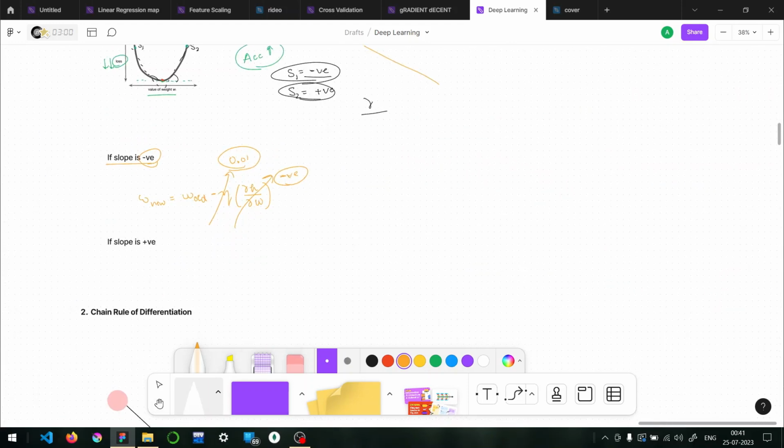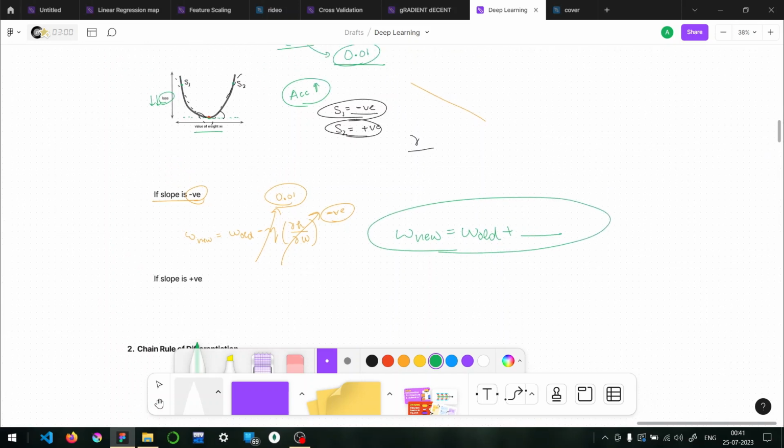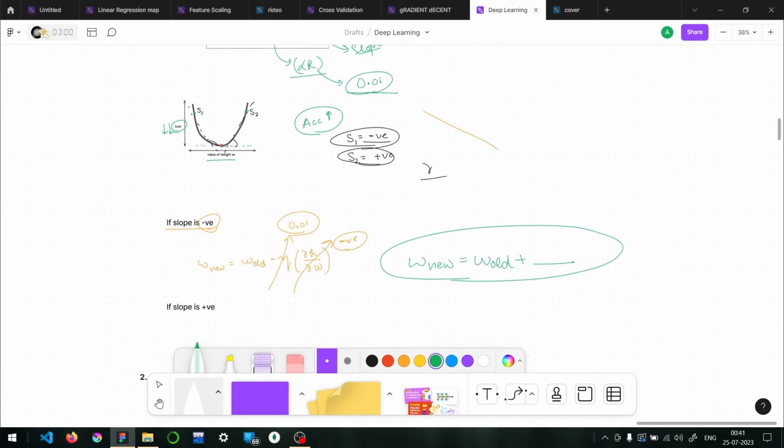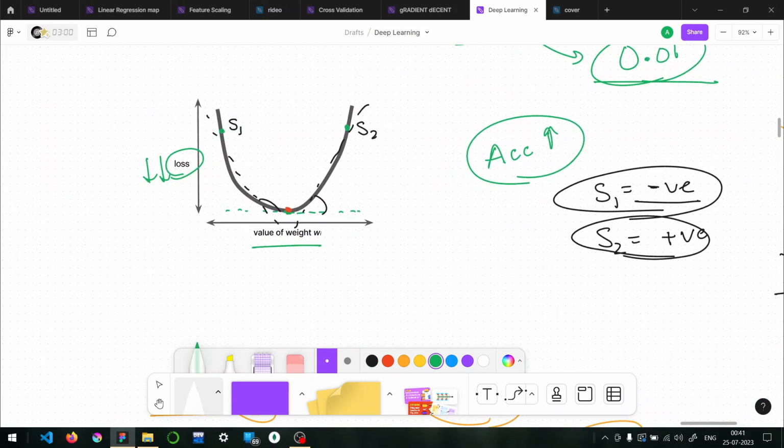So in this scenario, our weight updation formula is going to look like W new is equal to W old plus some value. Let us see that in the graph. In scenario one, where we have the negative slope, the weight lies somewhere here.